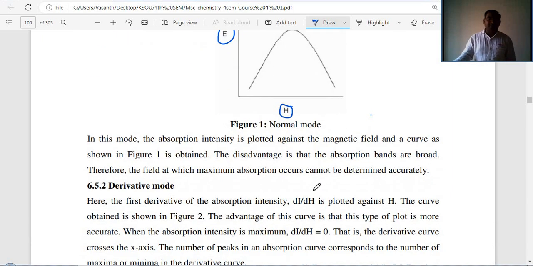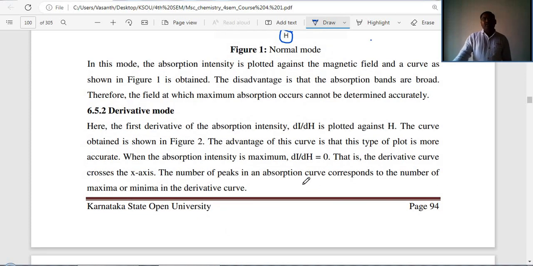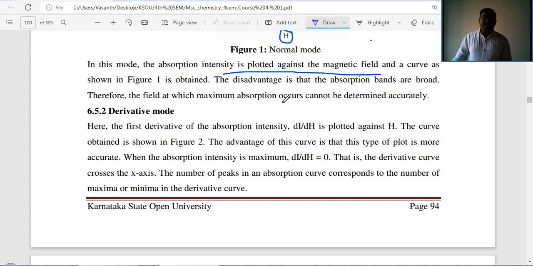That is the normal mode. A curve is shown.